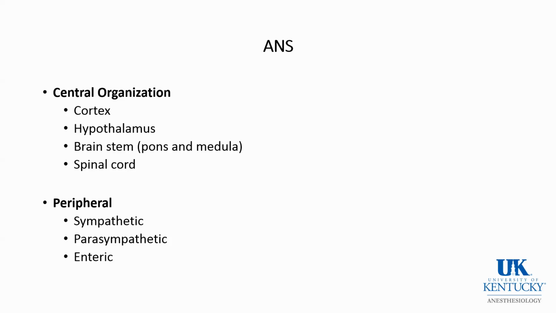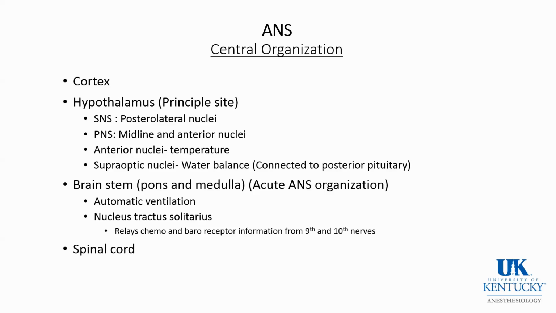This slide depicts where these various components are located. In more detail is the central organization, and the principal site, of course, is the hypothalamus, but in addition, the brainstem plays an important role.